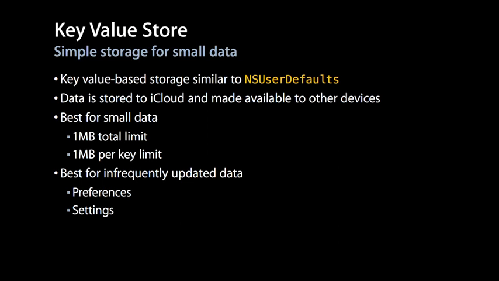And again, this is best for small data. You've got a 1 megabyte limit on the total amount of data that you can store. Now you can use all of this storage on one key if you like. But the important part is that this is best for infrequently updated data, things like preferences, settings, or even just the very basic state of your application that you would want to be able to move between different devices.